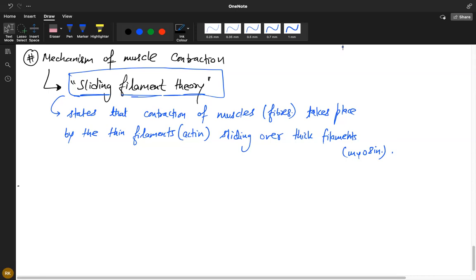The signal for the contraction of muscle comes from the central nervous system through a motor neuron.